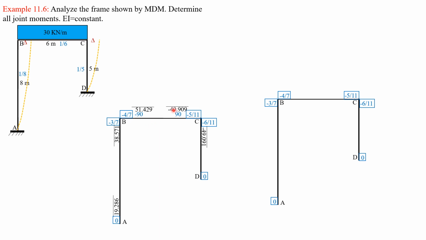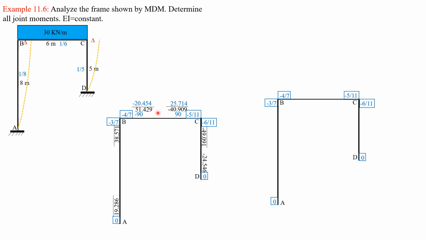Then half, so of course 0 here, I will not write 0. Half of negative 40.909, negative 20.454. I colored it blue because that's the new unbalanced moment. Then half of 51.429 here, 25.714. If there is moment here times 0, it's still 0. So carry over 0, half of 0, which is here, but I'm not showing it. Only negative 49.091 half to be carried over to joint D, and it is negative 24.546.